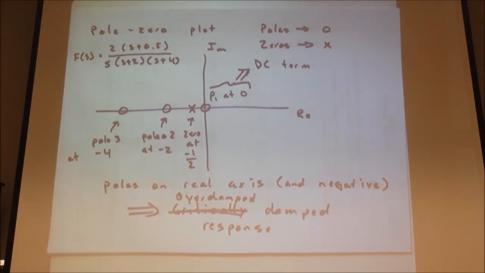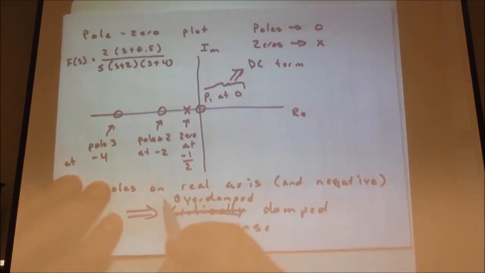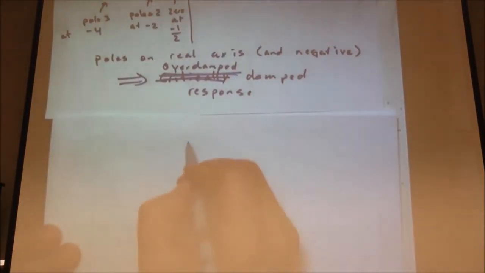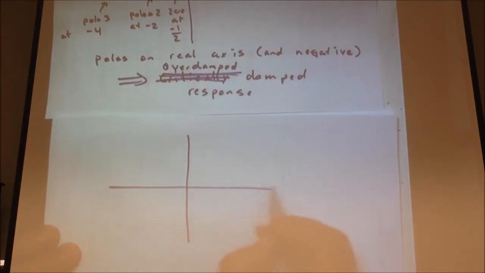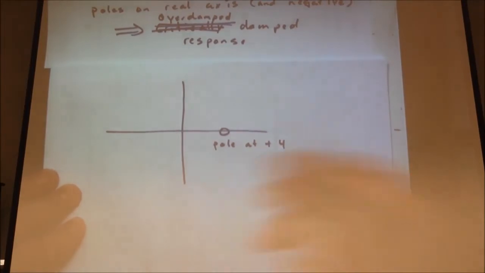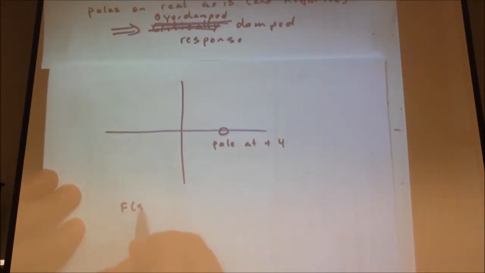All right, so what happens if we have a pole on the real side? Let's say we have a pole here, a pole at +4. Essentially that would correspond to something along the lines of f of s equals, we'll just call it a1 over s minus 4.